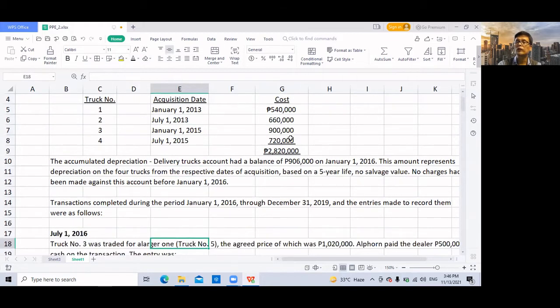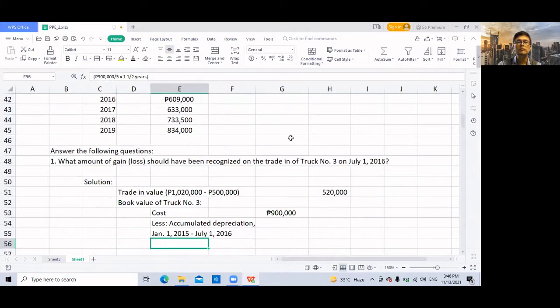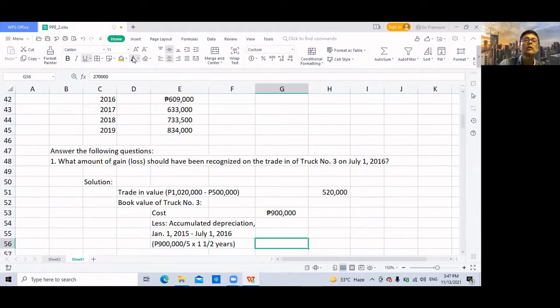From January 1, 2015 until the time it was traded in, about July 1, 2016, that's 1.5 years. So the depreciation is 900,000 divided by 5, their policy of 5 years useful life, times 1.5 years. That would be 270,000. So the book value is 630,000.